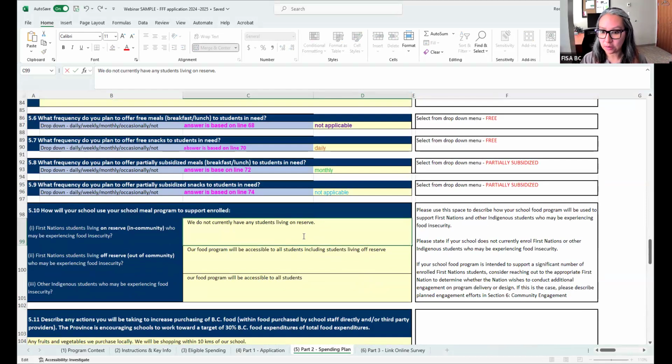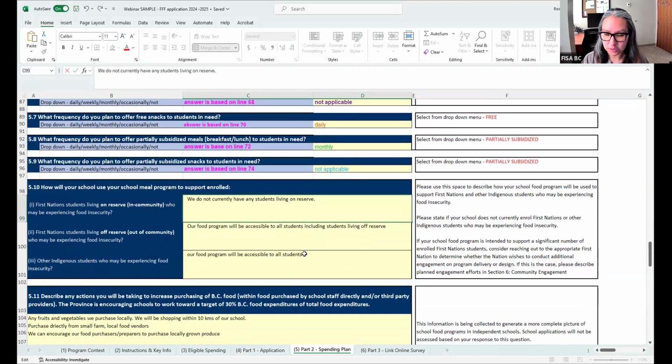And these ones you're familiar with, you've been answering these over and over the last times that I've been asking. So it's about a school program and students living on reserve. So you can always say we do not, like in my case, I wrote, we do not currently have any students living on reserve. Then let's say, for example, students living off reserve.